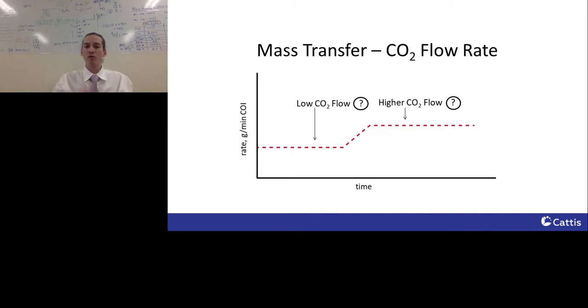And so the more CO2 we flow through the mechanical region, the faster that we'll extract that region. However, when we enter the diffusion limited region of the extraction curve, I'm not convinced that a higher flow rate means a faster extraction. And we'll see why in the slides to come.